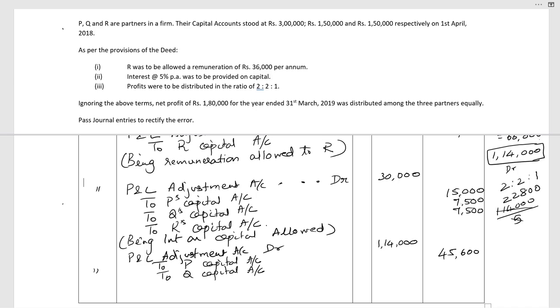Q also gets 45,600, to R capital account. R gets only 22,800, being adjustment entry passed to transfer profit on adjustment.